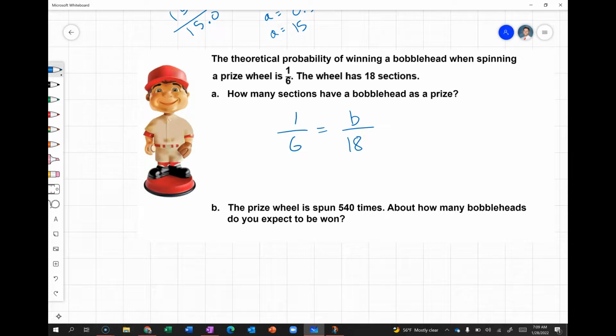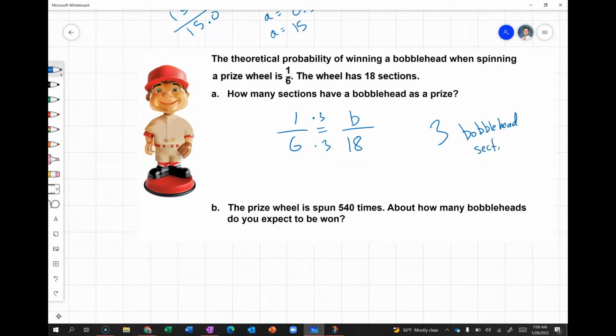We want to know how many of these sections have a bobblehead as a prize. So again, we're finding what B is here. And we can see since 6 times 3 is 18, 1 times 3 will be 3. So there are 3 bobblehead sections.